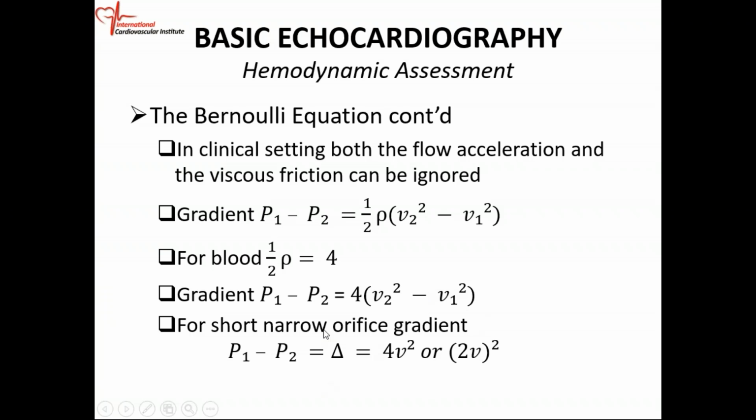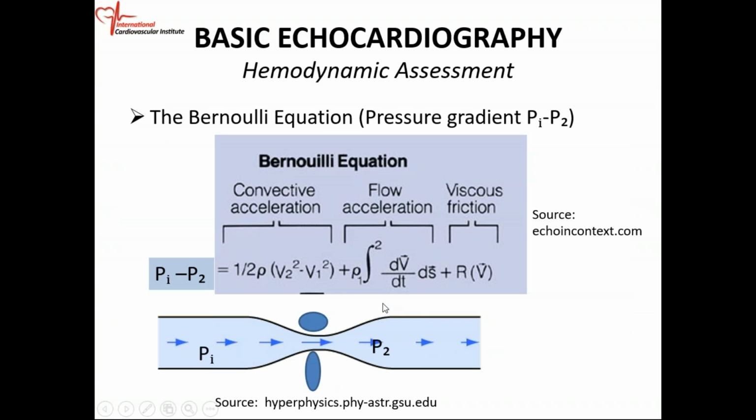This is what we call the modified Bernoulli equation, because it comes all the way from the original Bernoulli equation, which says that the pressure gradient is equal to the convective acceleration plus the flow acceleration plus the viscous friction. For blood, flow acceleration and viscous friction can be ignored. For blood, half rho is 4.